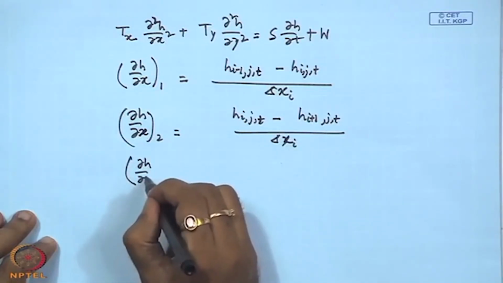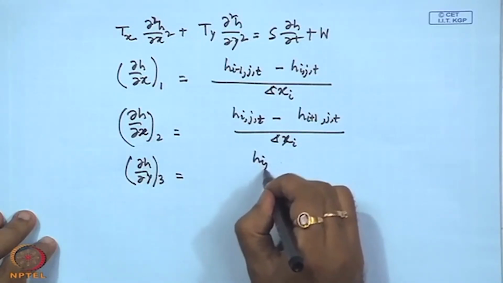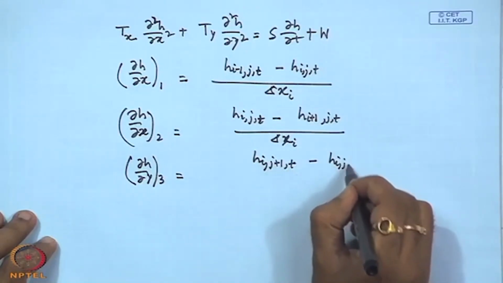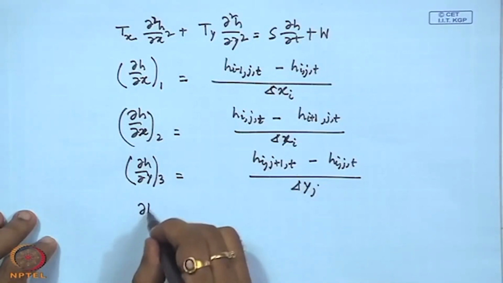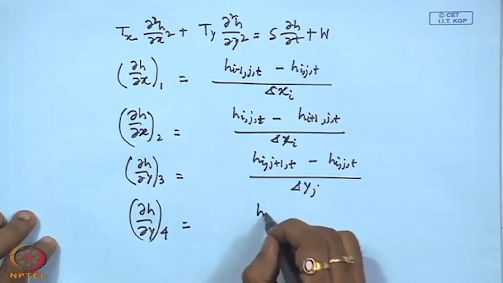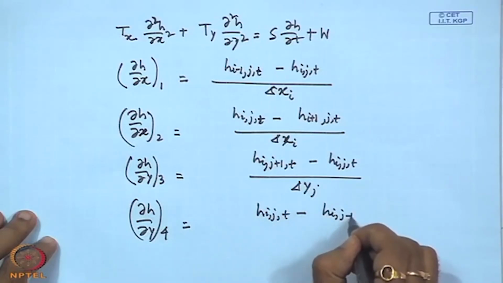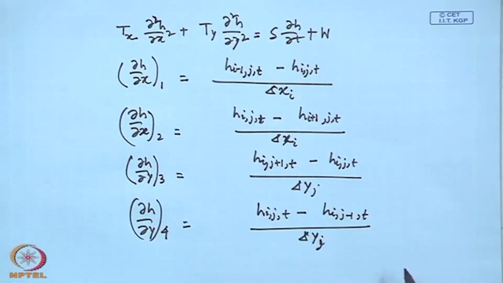Del h by del y for the third face is h i j plus 1 t minus h i j t divided by del y j, and for the fourth face it is h i j t minus h i j minus 1 t divided by del y j.